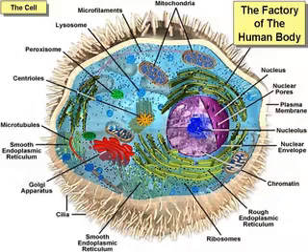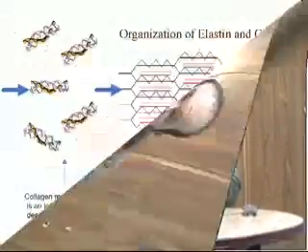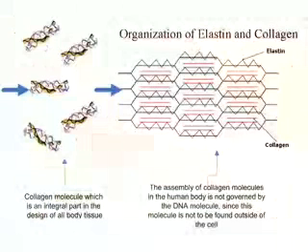Now the question arises: when these proteins leave the cell, suppose that 1 million collagen proteins leave the cell, once these molecules leave the cell, they are no longer under the control of the DNA molecule.